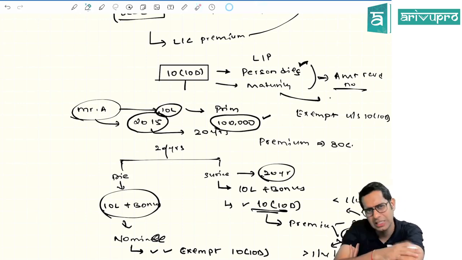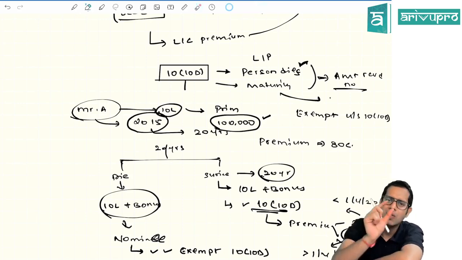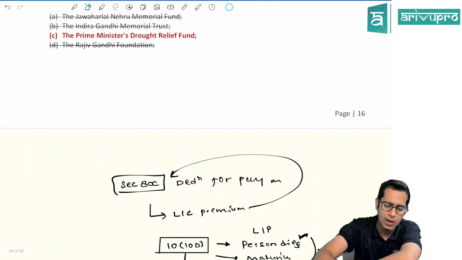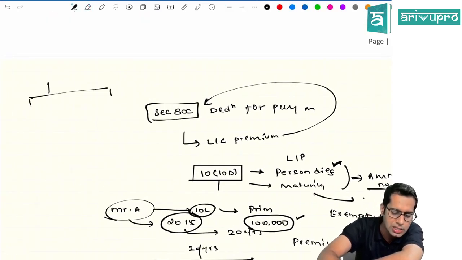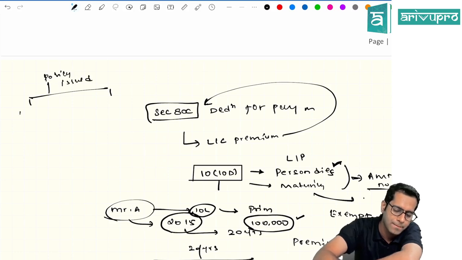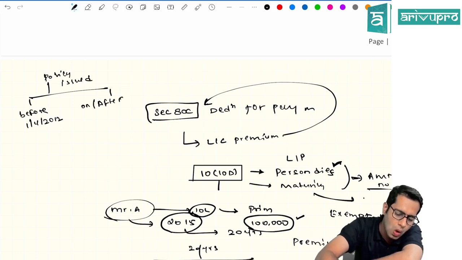Now, what is the change in this, sir? One small change is there. Before, we were studying only 2 categories: policy issued before 1/4/2012 and policy issued on or after 1/4/2012.